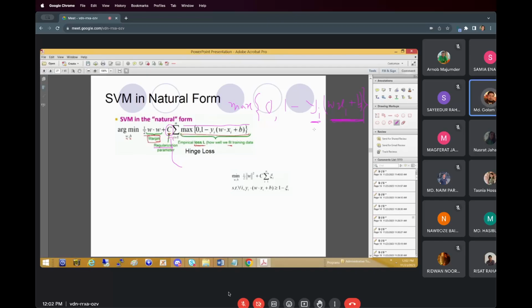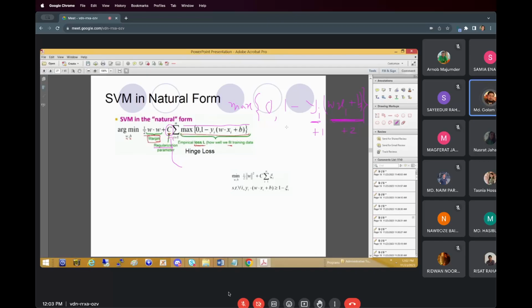If this one is positive and this one is also positive, like positive 1, it will return a positive value, any positive value, maybe positive 2 or something. So originally it is positive, and our model also says it is positive.